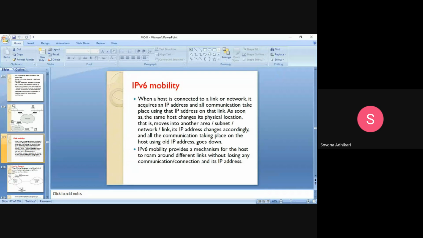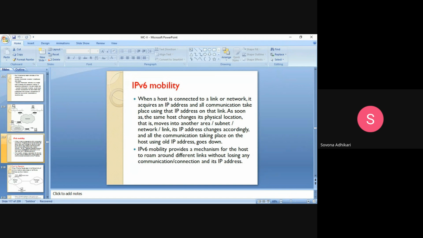So as soon as the host changes its location, the IP address changes. So IPv6 mobility provides a mechanism for the host to roam around different links without losing any communication or connection.